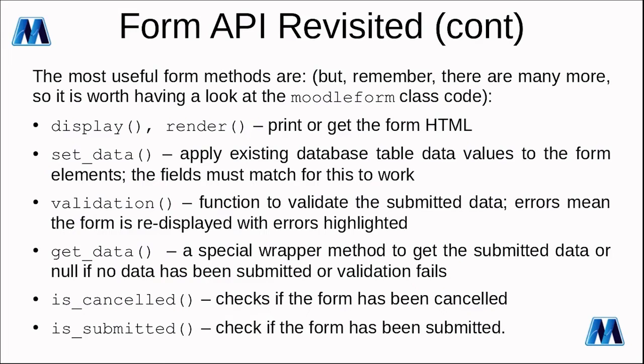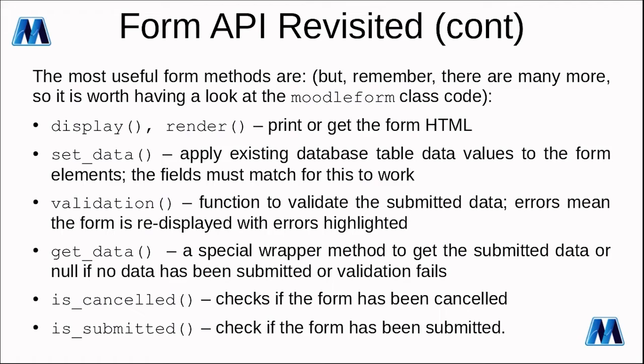We have some methods that we can call. These are useful ones. There are many more that you can look at in the code if you wanted to. So we have things like display and render, which print or get the form. Then we've got set data, which we've spoken about before, which applies the database table values to the form itself.